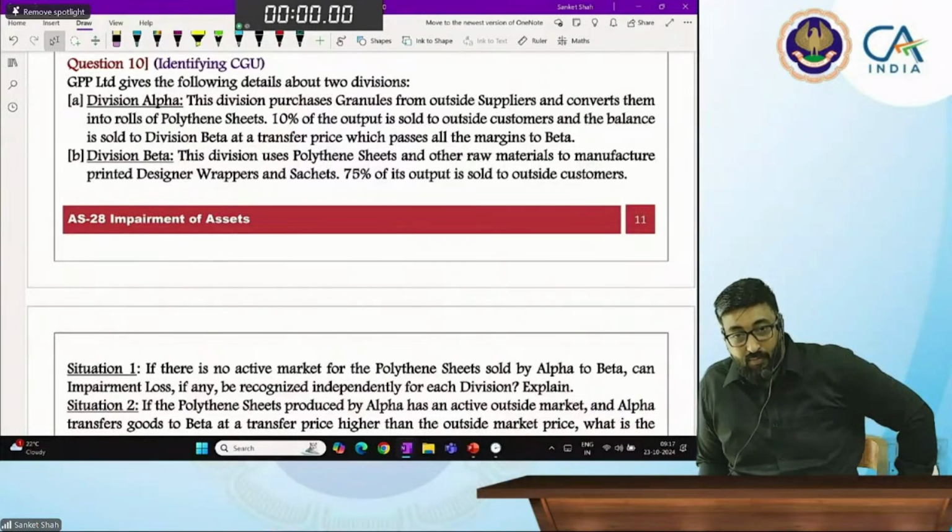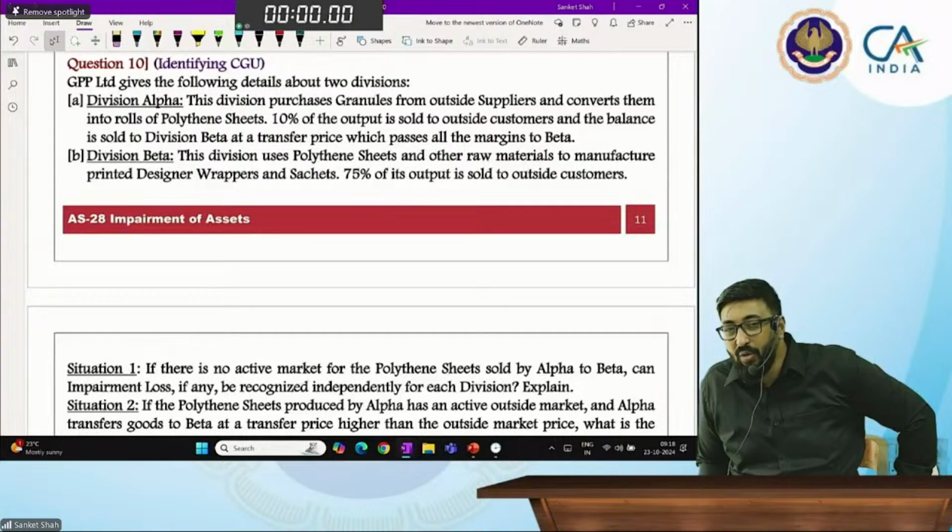Situation 1. If there is no active market for the polythene sheets sold by Alpha to Beta, can impairment loss, if any, be recognized independently for each division? So what is your answer? Use common sense. If there is no active market for these polythene sheets, Division Alpha has to sell it to Beta.